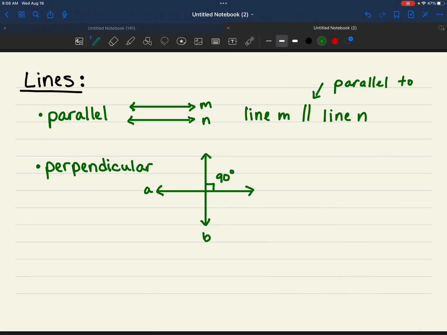Okay, we'll call that A and B. All right, and then just to show that, like we did with line M parallel to line N, we would say line A is perpendicular, and that's like an upside down T, to line B. Okay, we all remember these two things.